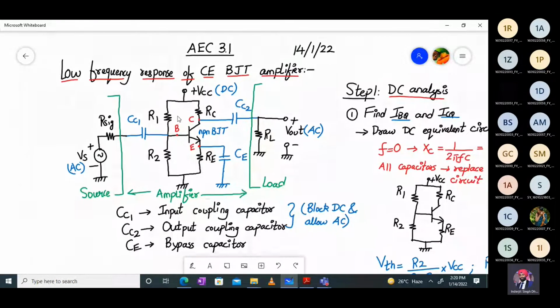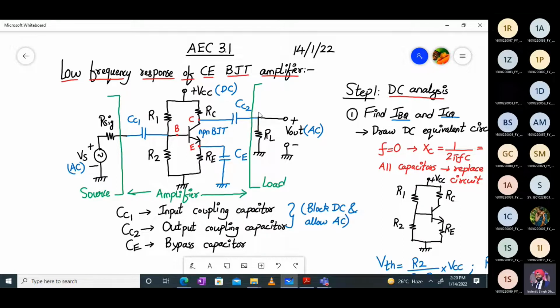Now let's talk about the capacitors CC1, CC2 and CE. Capacitor CC1 is my input coupling capacitor, which will couple my AC input to the base terminal of my transistor. CC2 is my output coupling capacitor, which will allow the AC to go through and block any DC coming out.